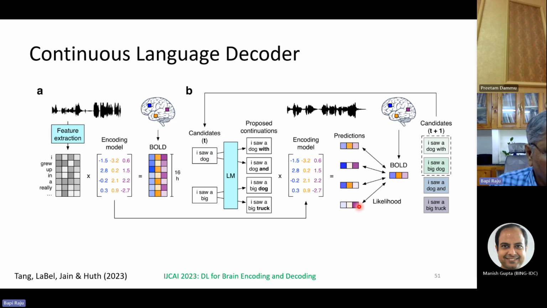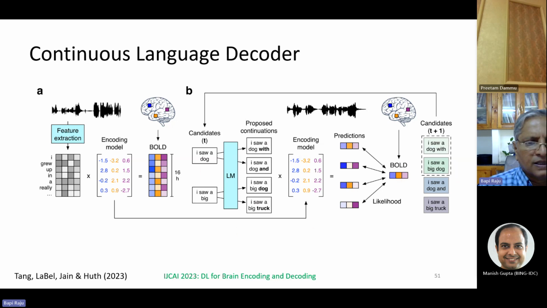So these are the predictions, and they are rank ordered. The encoding model scores the likelihood of the recorded brain responses under each continuation, so the encoding model gives a rank, and the most likely continuations are retained.